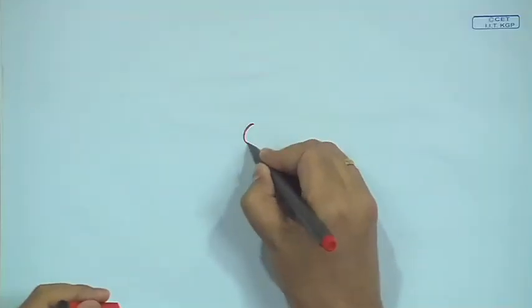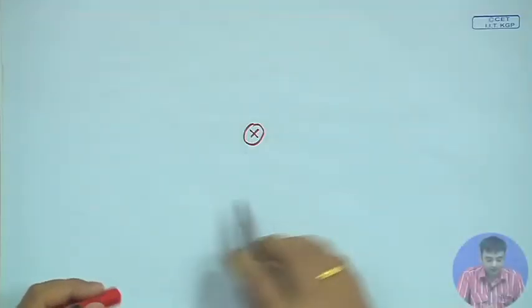So, the idea is very simple. Let us say that we have a node x. Now, we look at the degree of the node x. We also look at the degree of each of the neighbors of x. So, let us draw it like this. Suppose you have a node x here.